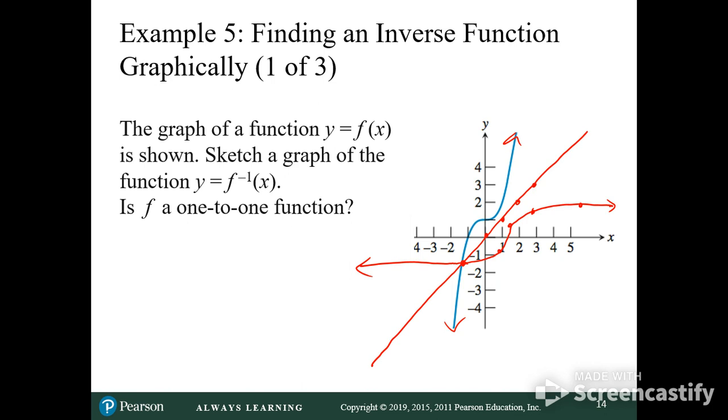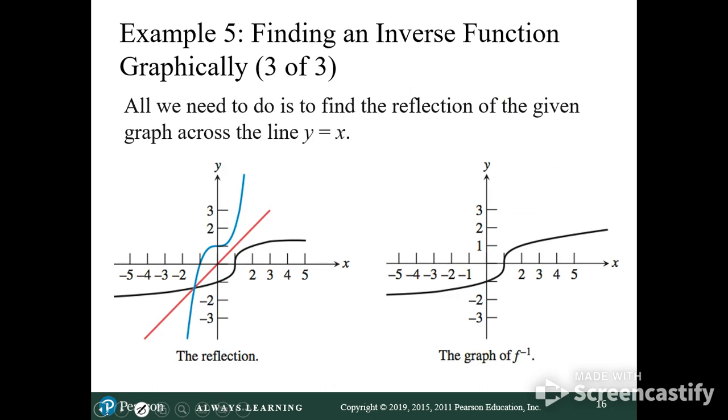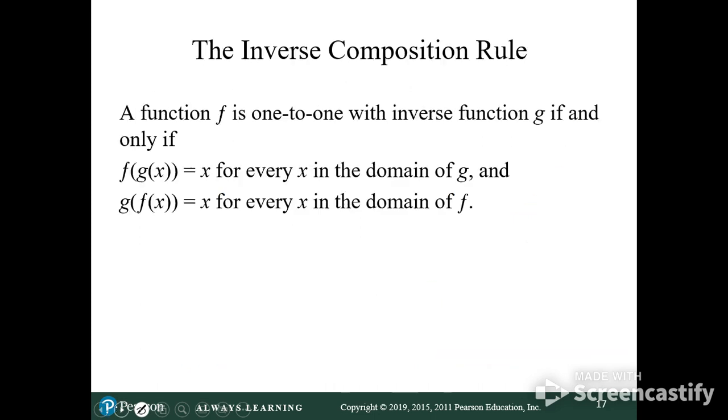Okay, so let's say we have a function, and I'm going to go on to a different page here because they're going to show, yep, you draw the line and you flip it across, and that's what it looks like. So let's say we have a function, y equals 2x plus 3. What does that look like on the graph?